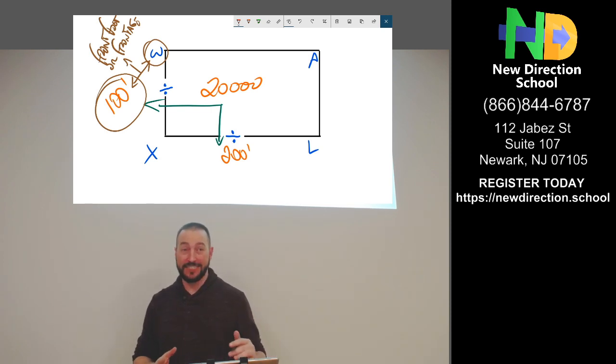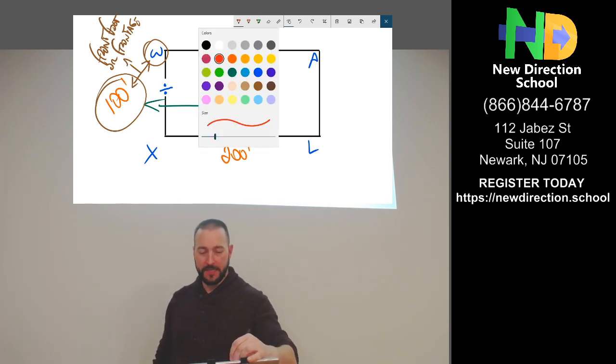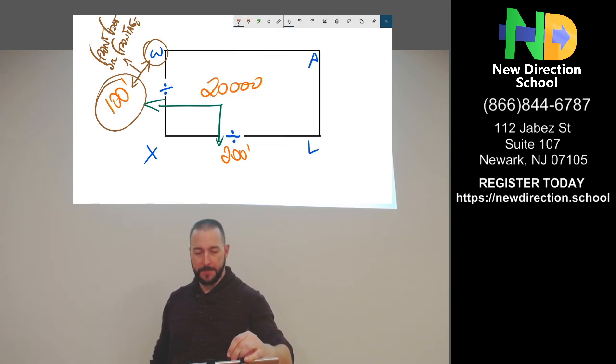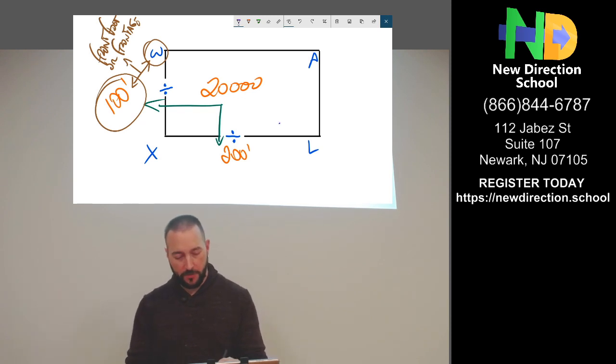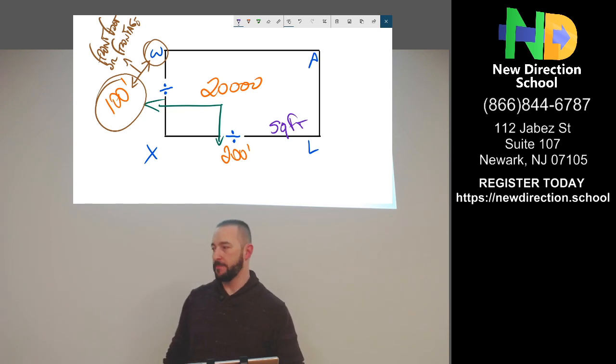The other thing you guys need to know is that this inside number is always expressed in square feet.